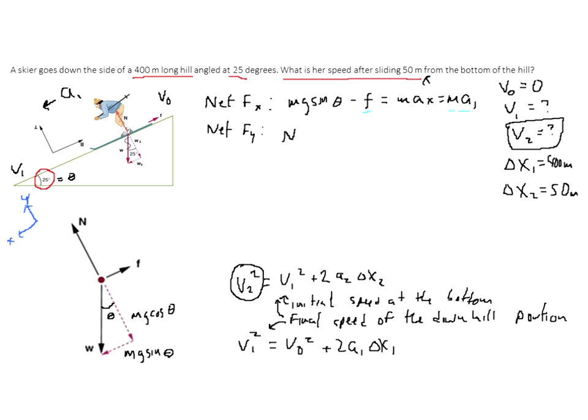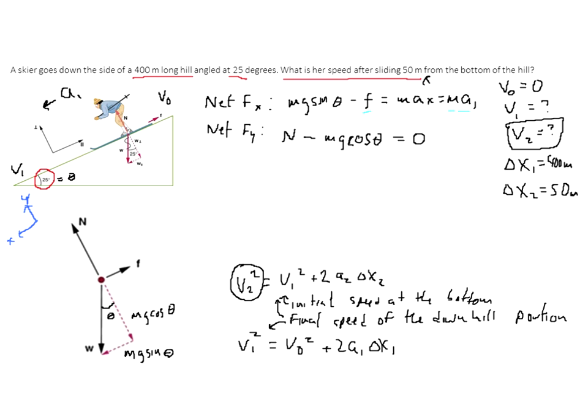So we have n upward minus mg cosine theta downward. And since we have a tilted coordinate system, the acceleration in the y direction is 0 because that person's not moving up out of the hill, or sliding down into the hill either.